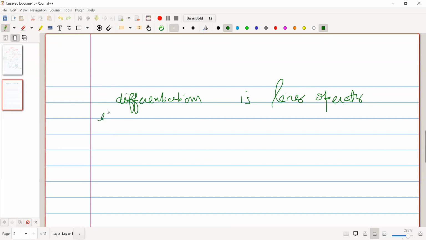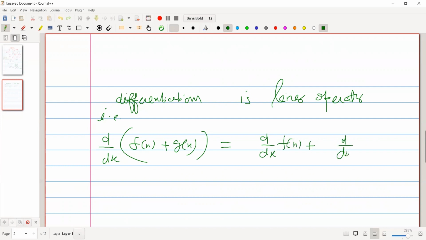It means that if we have f(x) plus g(x) and we want to find the differentiation, you can find the derivative separately, like that. Understood? Here if you take plus, then you can plus here, plus here, plus here, minus here, minus here.